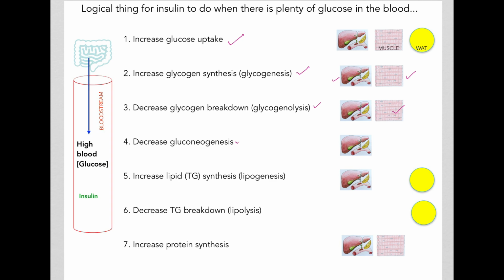And we saw how insulin decreases gluconeogenesis, especially in the liver. In the next video, we shall look at the effects of insulin on the metabolism of triglycerides as well as proteins.